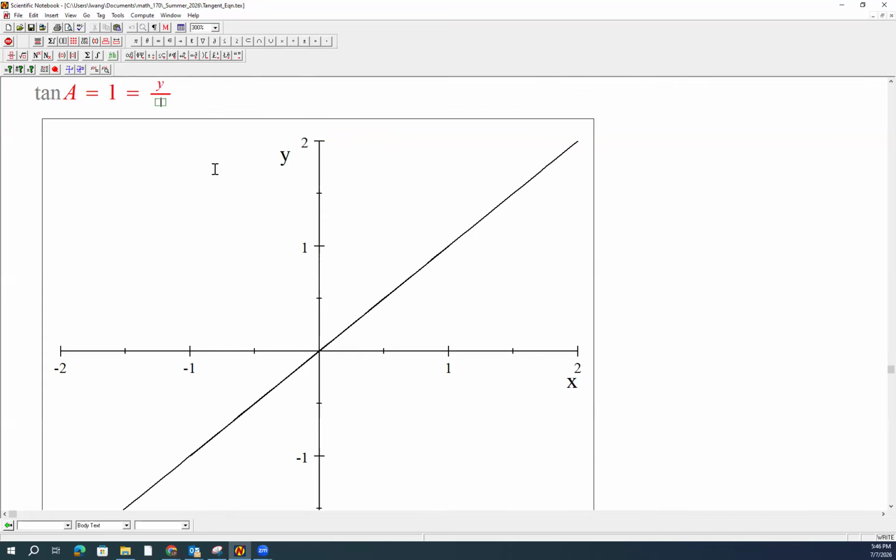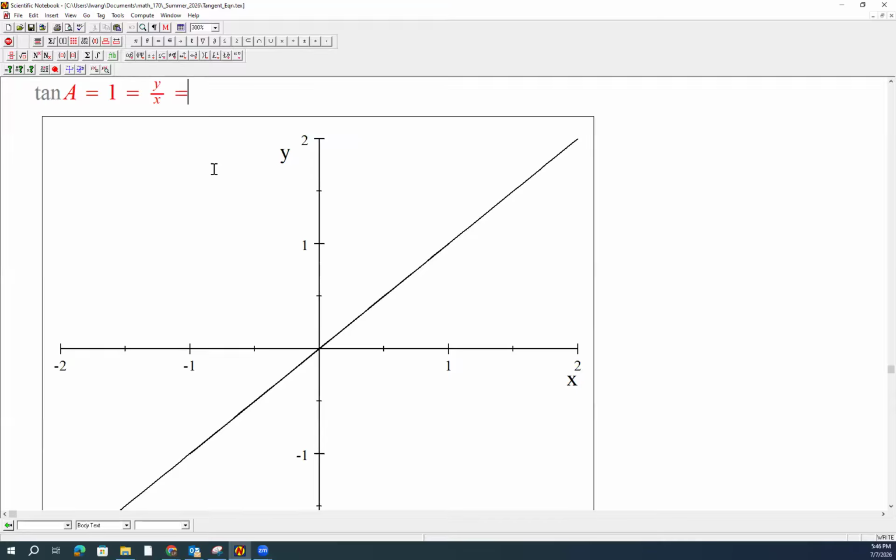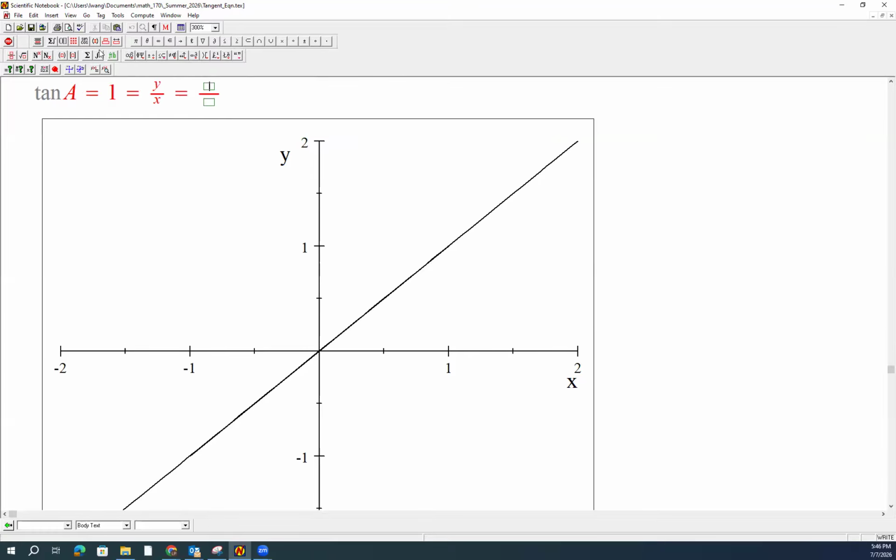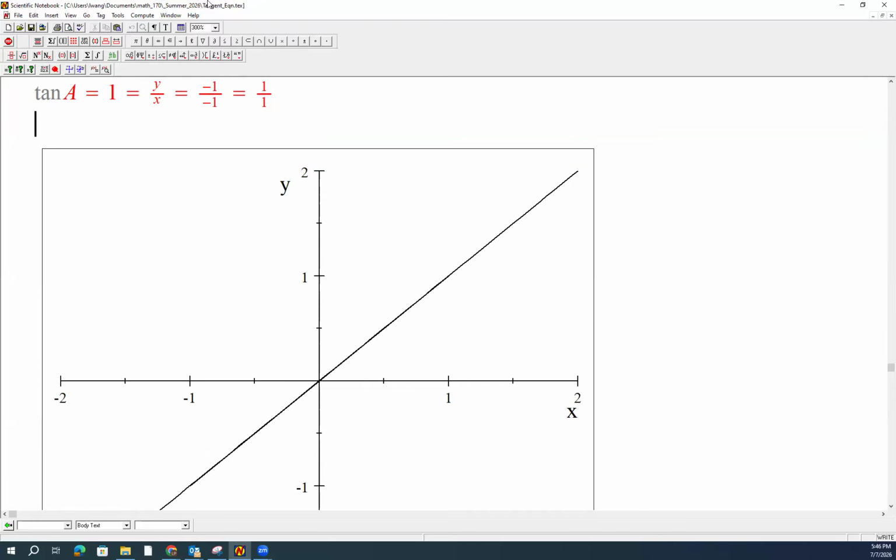So this would be y over x. The possible xy's could be -1 over -1, or +1 over 1. And then you get 2 points. One is 1 comma 1, and the other one is -1 comma -1.